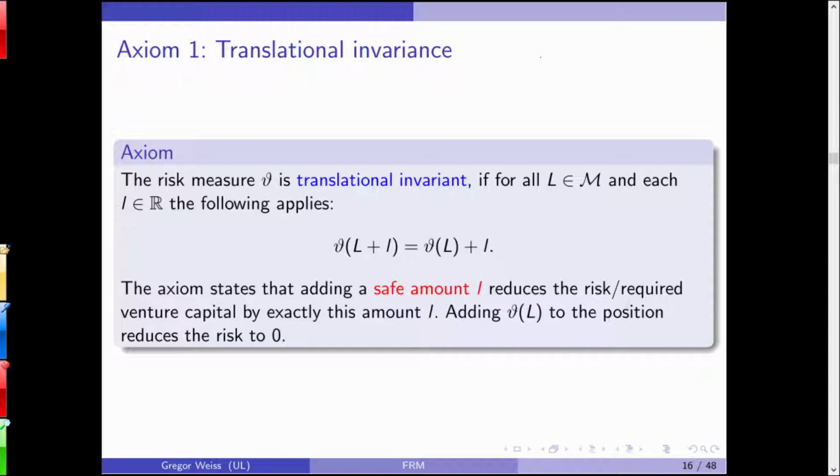If we add a safe and risk-free amount of money to a random number, the risk measure of this combined portfolio is the risk measure of L minus that amount. And I always have to make sure that this is correct. Let us think about it.